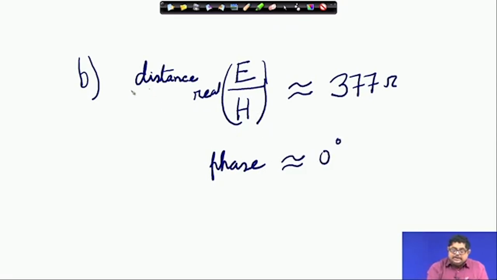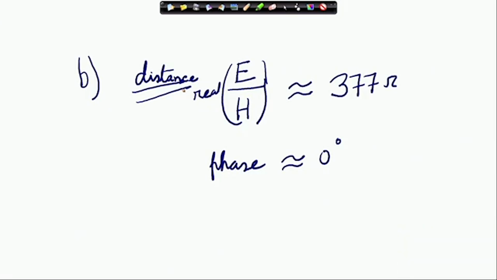So, at that distance we can say that the far field has started. So, I can say that the distance where the real part of the wave impedance approaches the free space wave impedance and the phase of the wave impedance approaches 0, that is the start of far field.